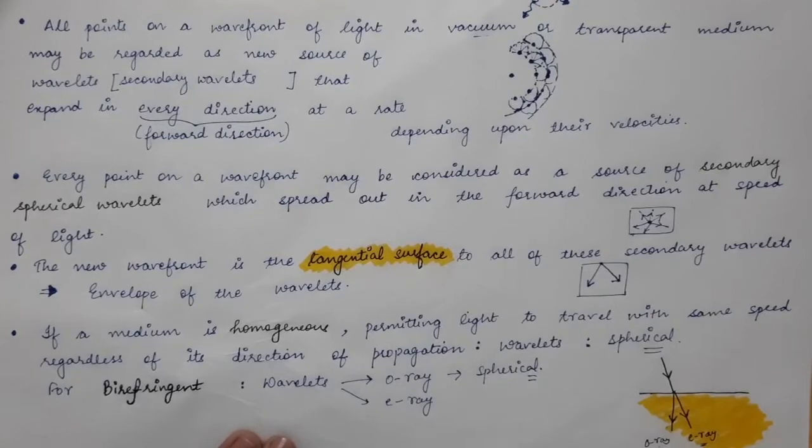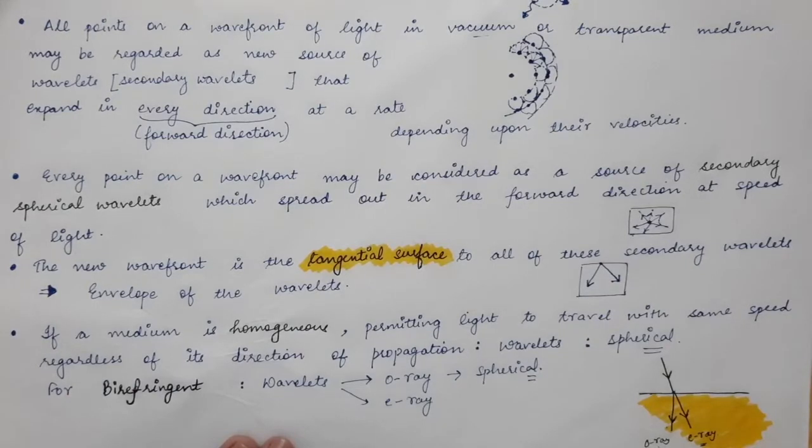Now for the case of the E ray, it travels with different velocities in different directions. Let's say it travels with maximum velocity in one direction, and with the minimum velocity in the perpendicular direction. So the E ray experiences minimum refractive index in one direction and maximum refractive index in the perpendicular direction.